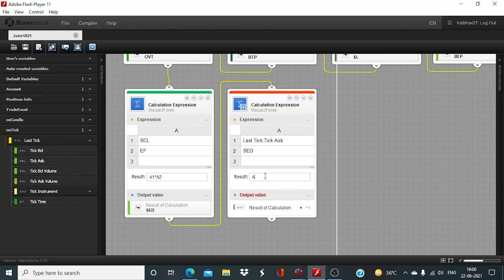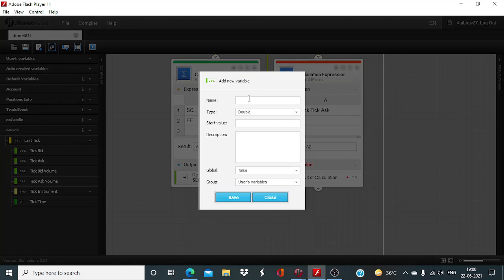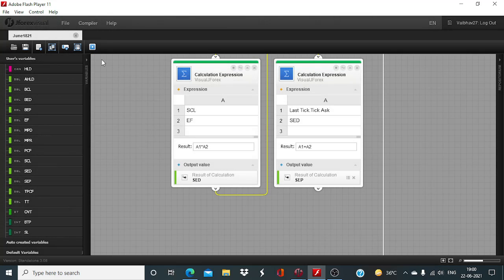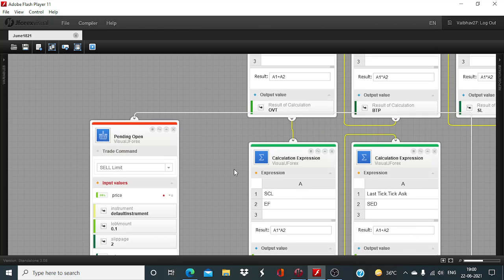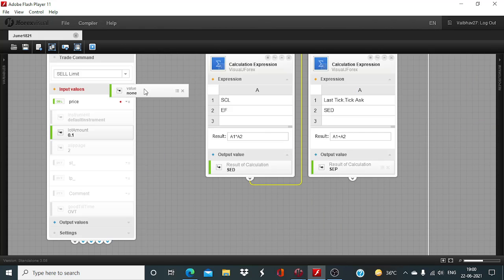This is going to be A1 plus A2, and this is going to be our sell entry price. Now this has been defined. I will put it here in trade command block.